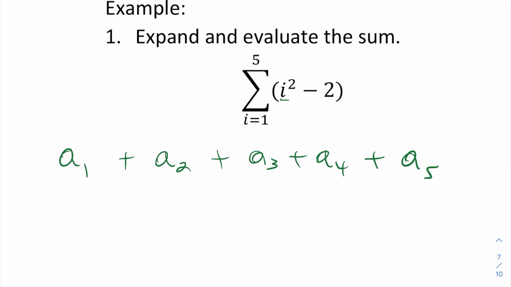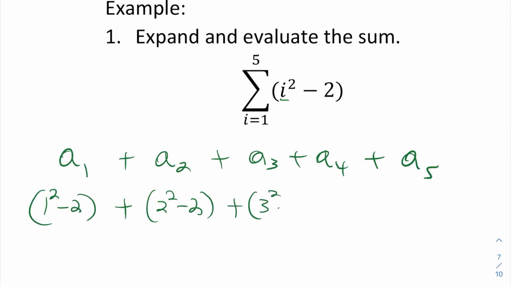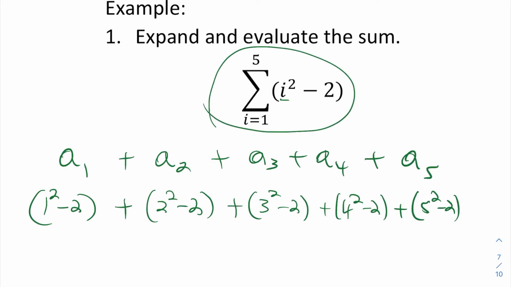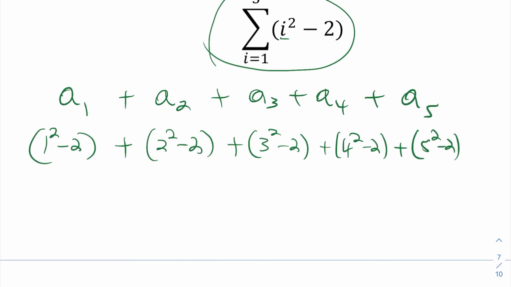When I is equal to 1, a1 is equal to 1 squared minus 2, plus when I is equal to 2, a2 is 2 squared minus 2, plus when I is equal to 3, a3 is 3 squared minus 2. When I is equal to 4, it's 4 squared minus 2. When I is equal to 5, it's 5 squared minus 2. So that's what that symbol represents, that sum right there.